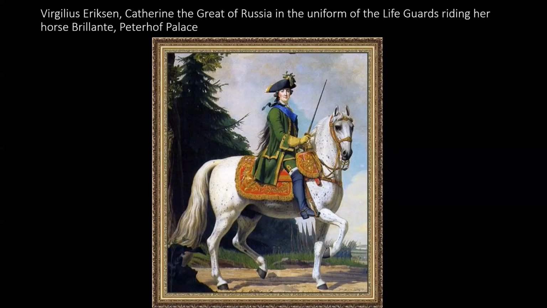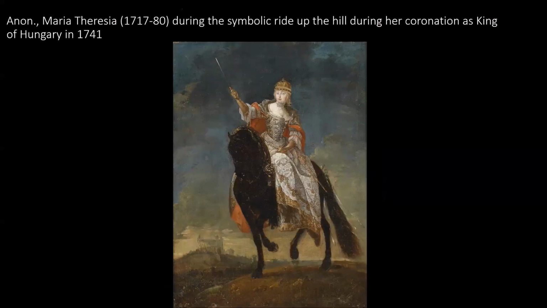Now, Maria Theresia used iconography rather differently. As a woman, she could not constitutionally be elected Holy Roman Emperor in succession to her father Karl VI. So she married Franz Stephan of Lorraine, who was then elected emperor as Franz I. However, thanks to the pragmatic sanction negotiated by her father, she could rule in her own right over the Austrian crown lands and could be crowned king of Hungary and of Bohemia.